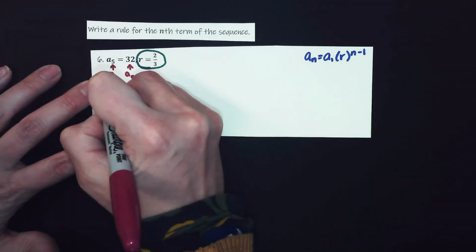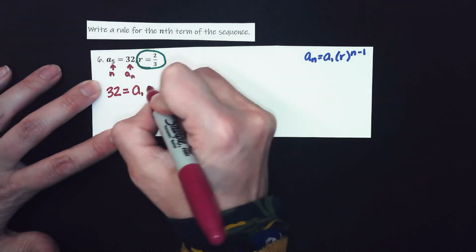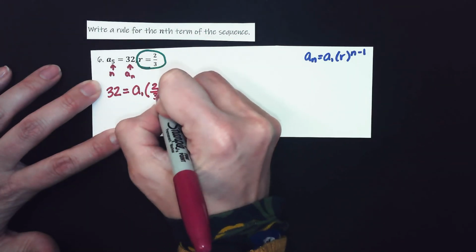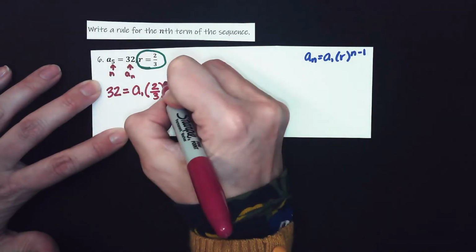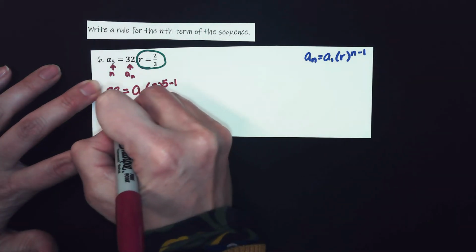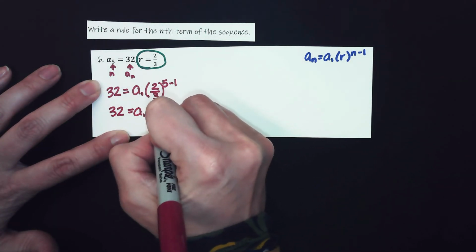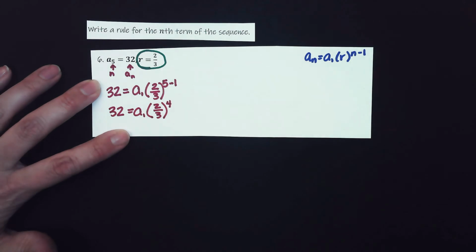So I'm going to get 32 equals a sub 1. We don't know what it is yet. I know r is 2/3, and it's n minus 1, so 5 minus 1. So I have 32 equals a sub 1 of 2/3 to the 4th power. Okay.